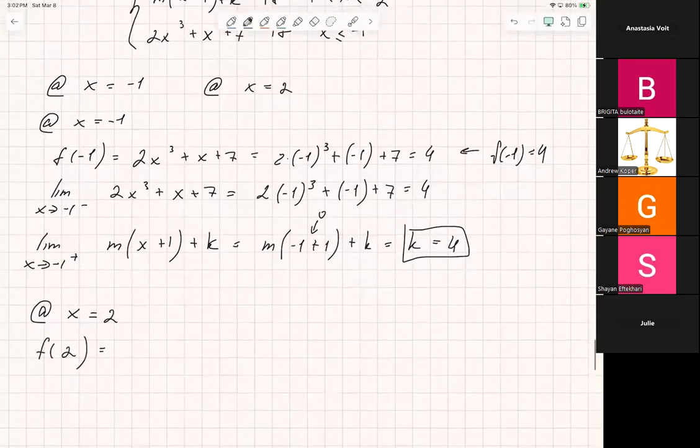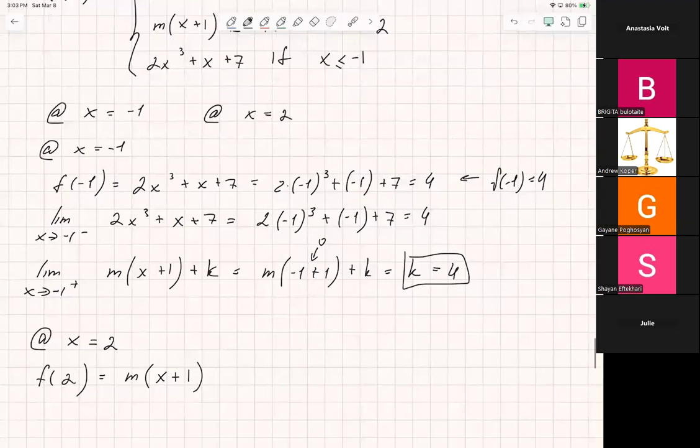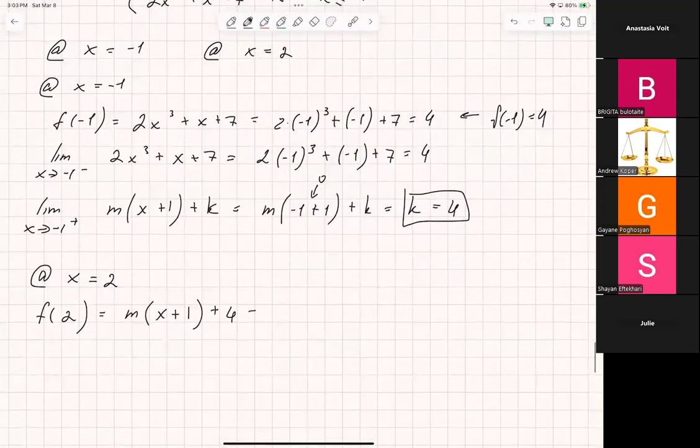And now we know that k is 4, so we will use m times (x plus 1) plus 4, because we found out that k is 4. So we would have m times (2 plus 1) plus 4. We have 3m plus 4. So for now, that's it. We cannot do anything else yet.